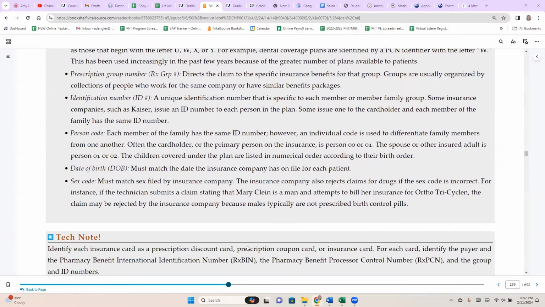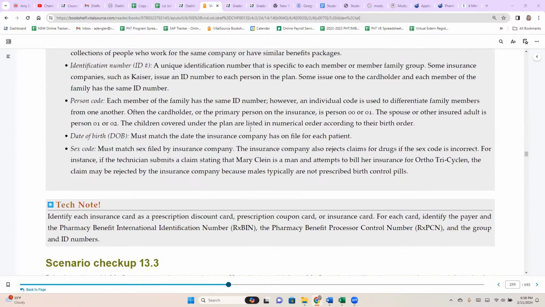The sex code must match the sex filed by the insurance company. It will reject claims for drugs if the sex code is incorrect. For instance, the technician submits a claim stating that Mary is a man and attempts to bill insurance for Ortho Tri-Cyclen. It would be rejected because males are not prescribed birth control.